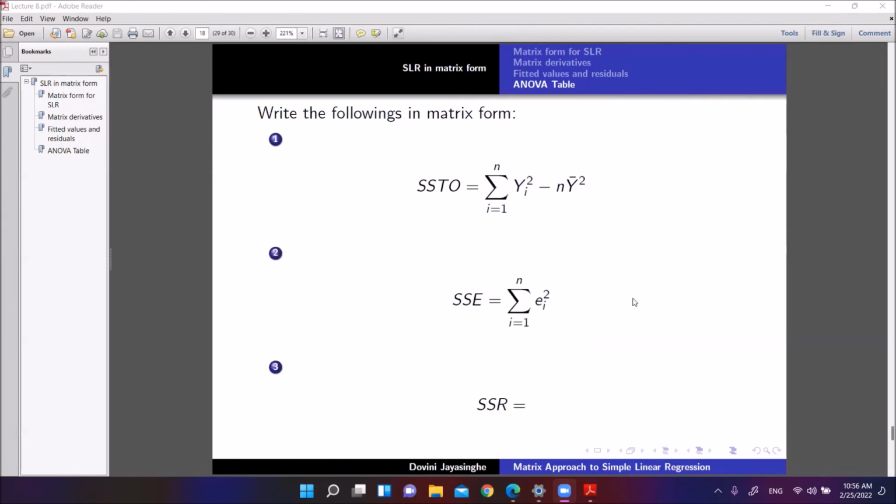Actually, if you know the matrix form of these two, it's just a matter of getting the subtraction, right? SSTO minus SSE will give you SSR. So the challenge is to get this one and this one using matrix notation. I'll give you some time to try this. The equations are given, and try to come up with the formulas. If you have questions, please ask.